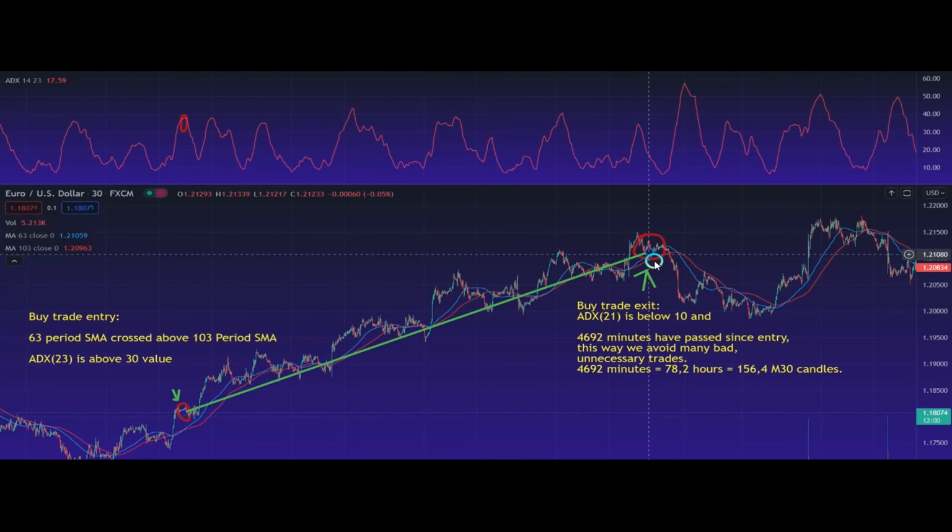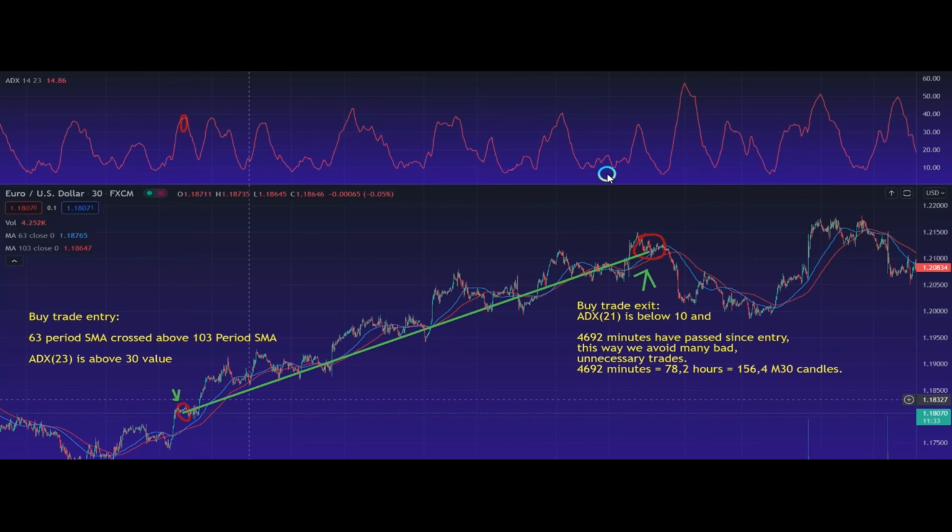So let's see how we did it. This trade that I show you, I haven't just drawn onto the chart. It is a trade that I tested with this strategy, with the algorithm, the robot. It showed me this trade. So it is not something a human drew onto the chart.